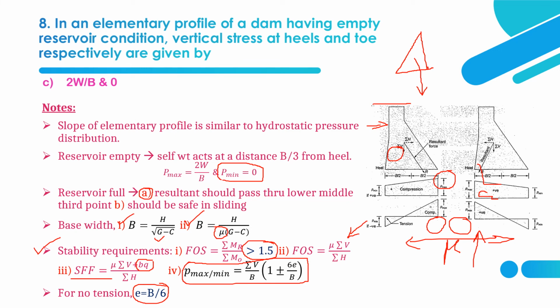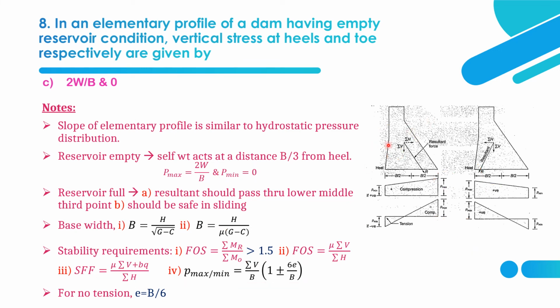So here you can see this diagram based on reservoir full condition, and this is for reservoir empty condition. In case of reservoir full condition, there will be P minimum in heel portion and P max in toe portion, and that's why resultant will pass through the middle third.